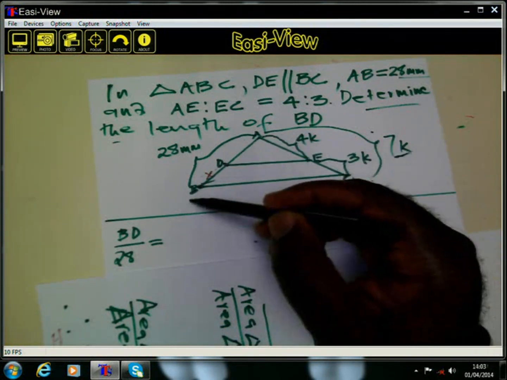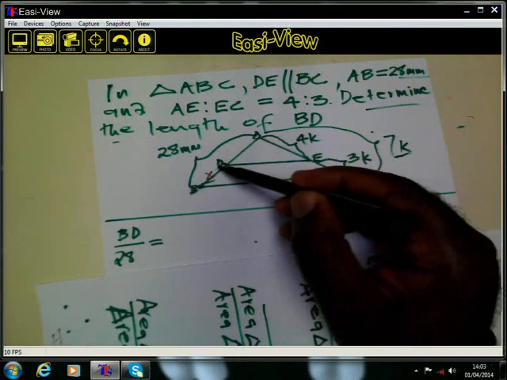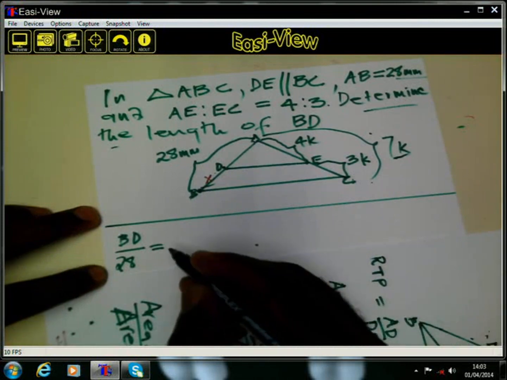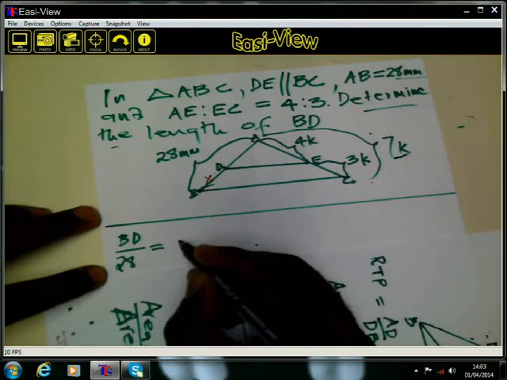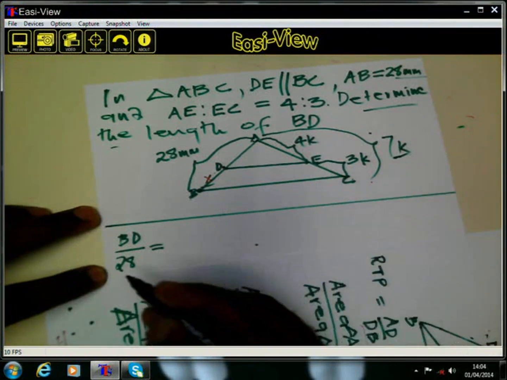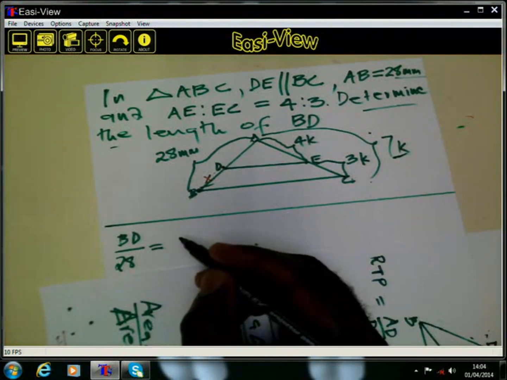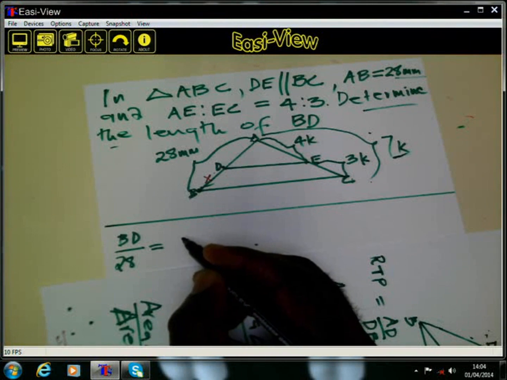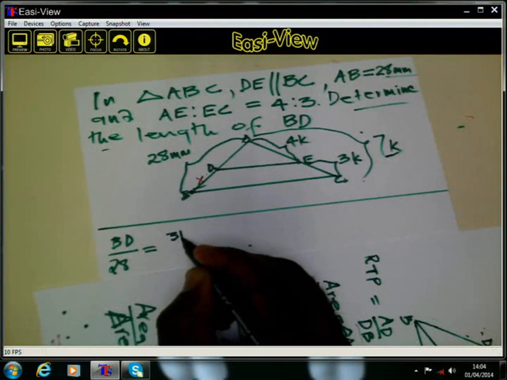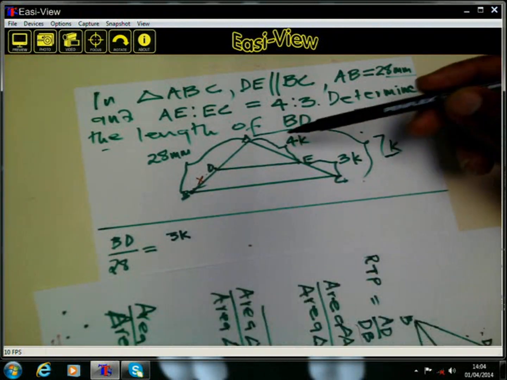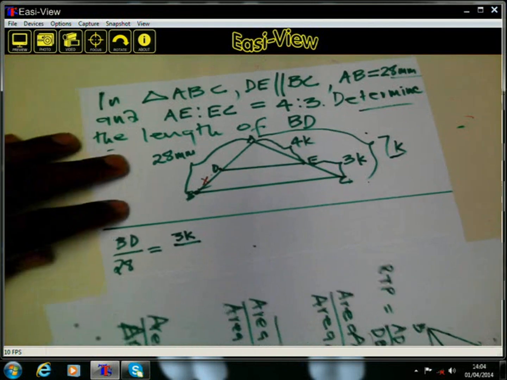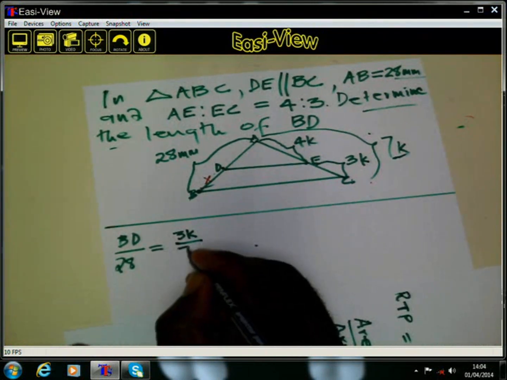Over side AB. What is the length of side AB? It is 28. This must be equal to what? Side EC. But what is the length of side EC? It must be 3K over the length of side AC, which is going to be 7K.